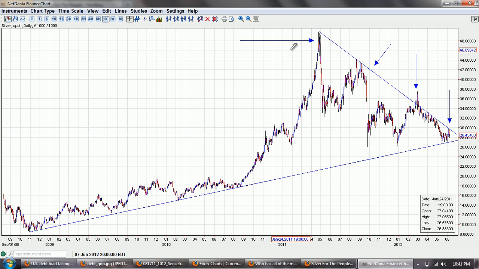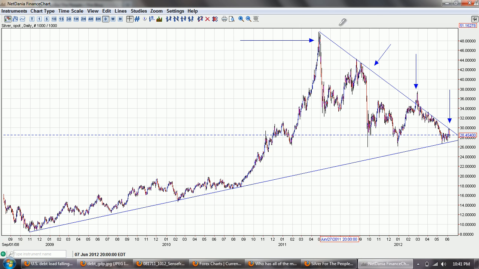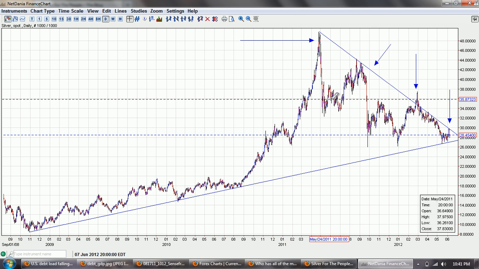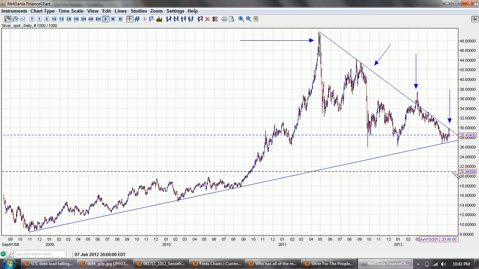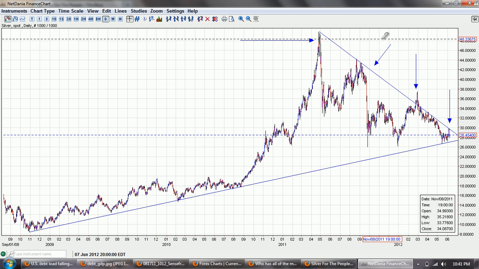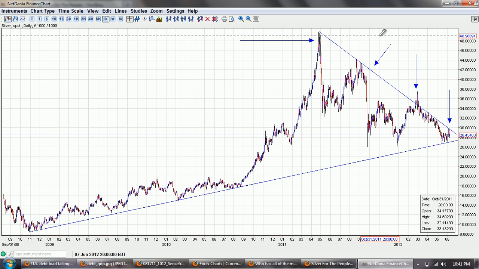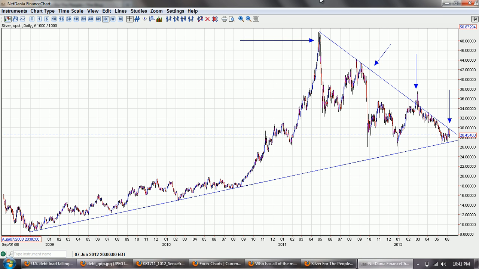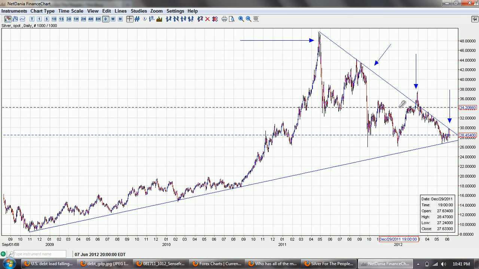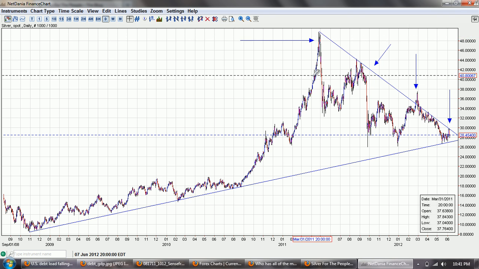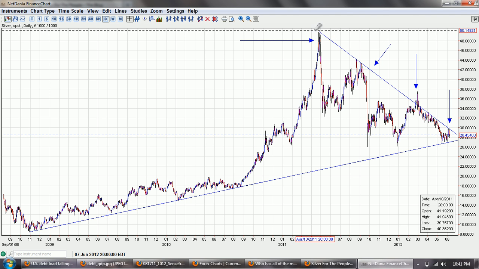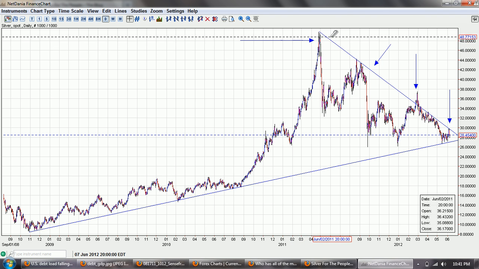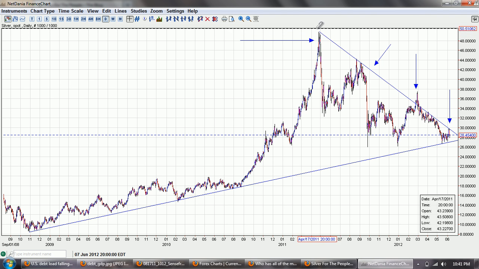Now the other features that I've added here are the arrows, and there are 4 major arrows. They coincide with the major smackdowns, we'll call them. The recent one's not really a major one, but I put it in there anyway. The first 2 here, this is the original May smackdown, and this, I will call this a COMEX smackdown or a CME smackdown.